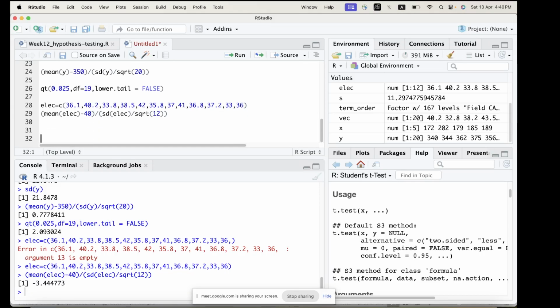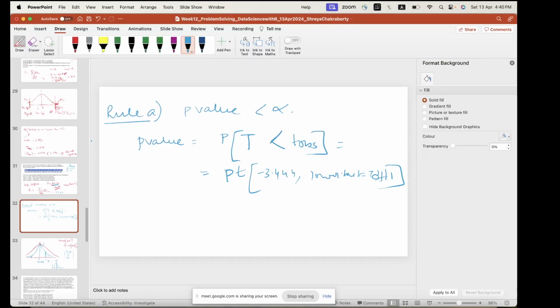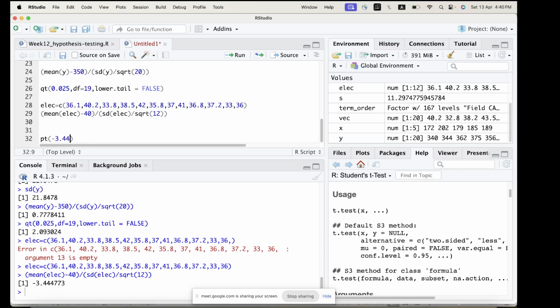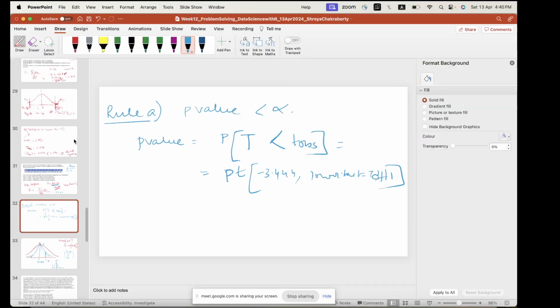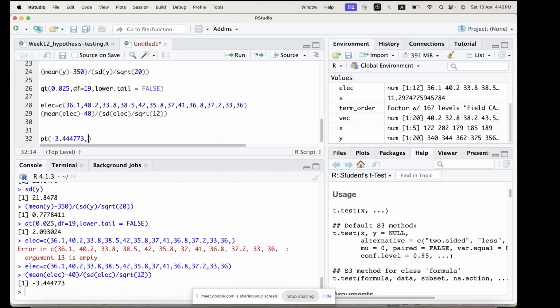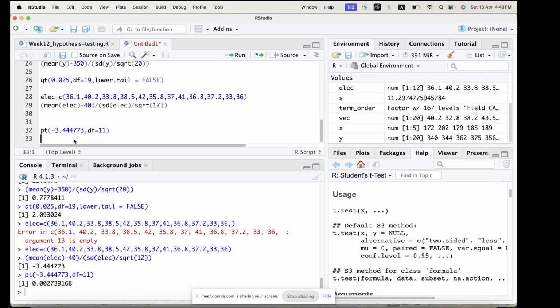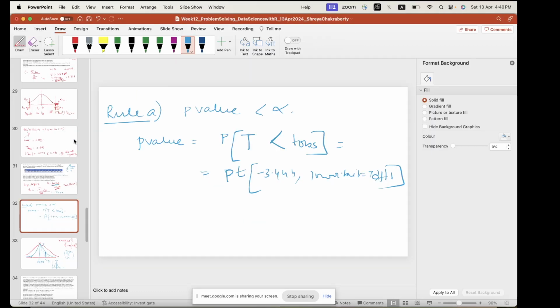If I write pt of minus 3.444 and df equal to 11, then this is 0.002. This is your p value. Alright, 0.002, which is less than alpha, therefore reject.